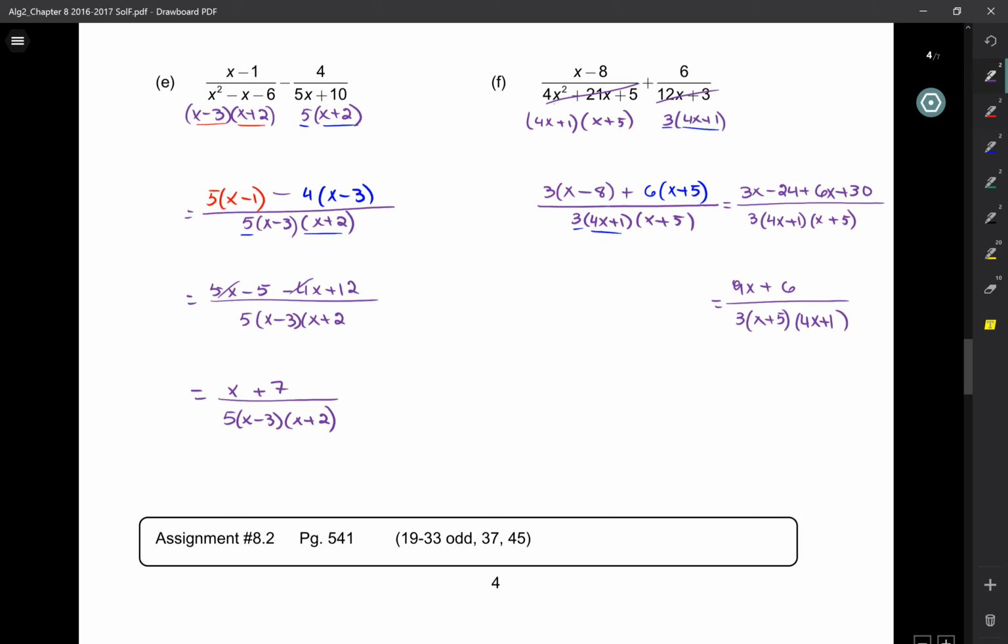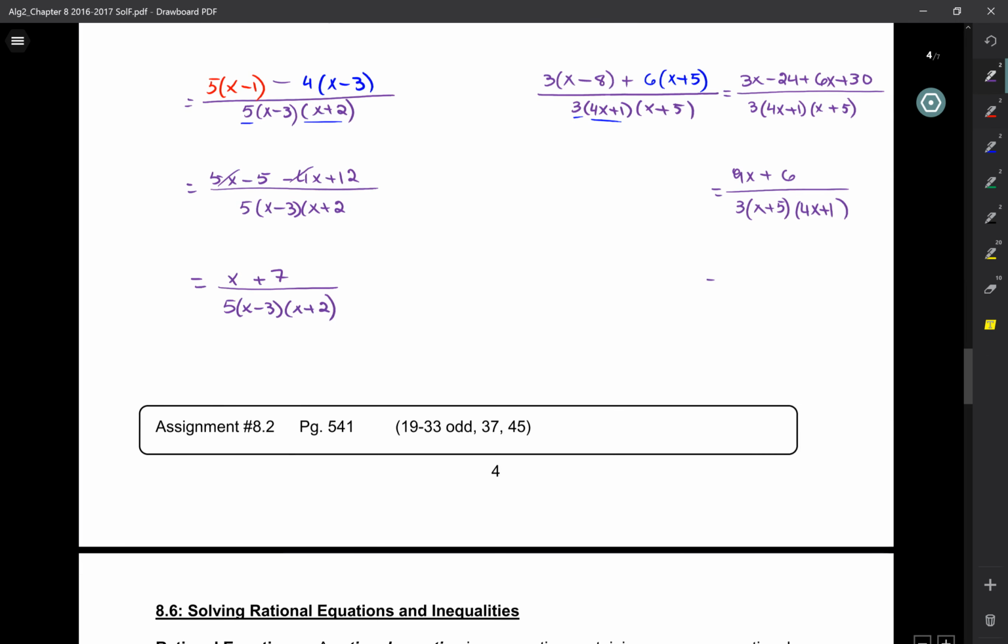Now, in factoring out a 3, is anything going to cancel? The 3 will cancel, right? So you have to go that extra step. So look, this is 3 times 3x plus 2 over 3 times this. So then you have to cancel that.